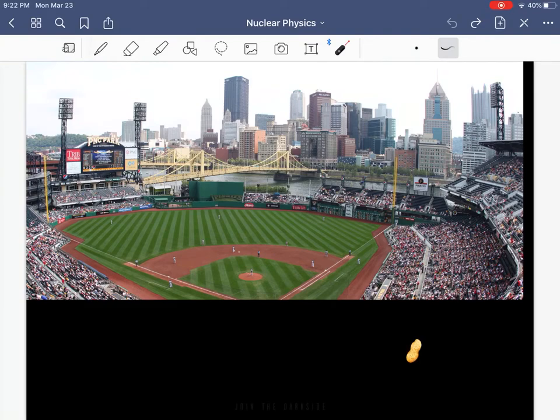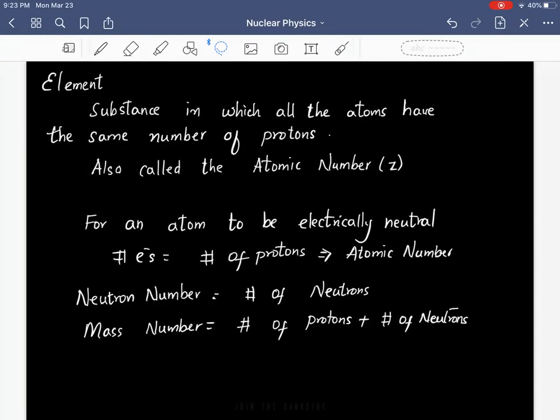This is like comparing a baseball stadium with a peanut. Imagine putting the peanut in the center of the baseball stadium. The peanut is going to be the nucleus, and the baseball stadium is going to be your atom. So that's how you can compare the size of the atom with the size of the nucleus.